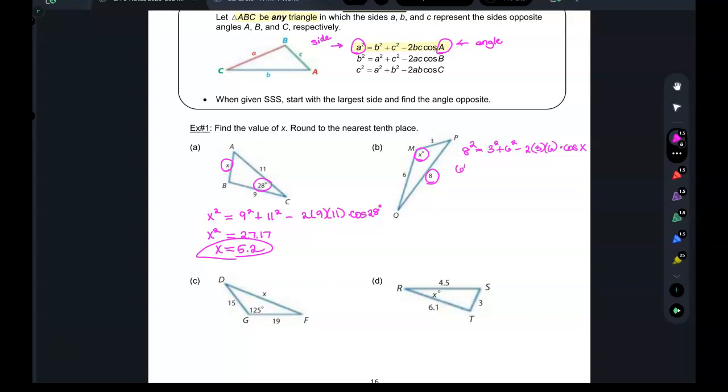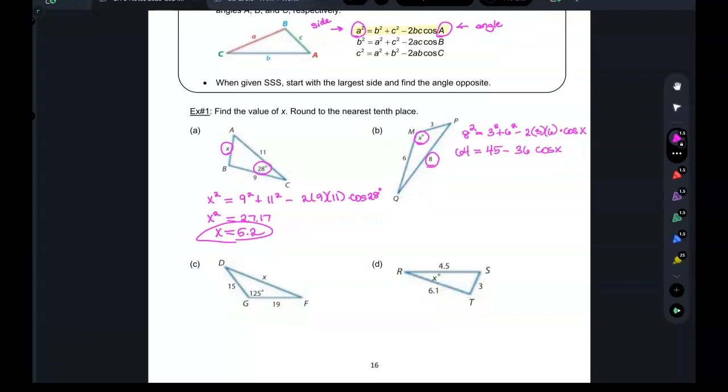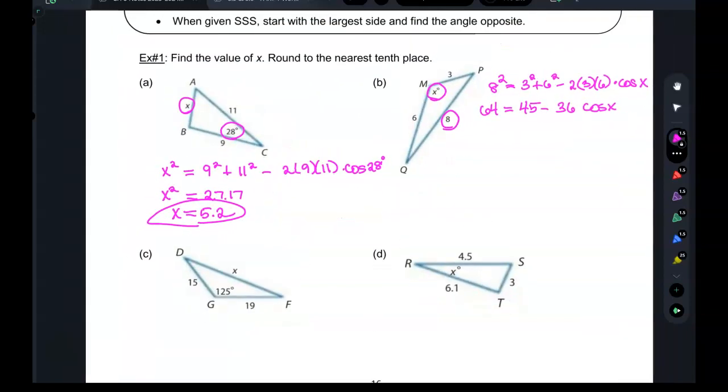So here I get 64. Now 3 squared is 9. 6 squared is 36. So that's going to be 45, minus 36 cosine x. So we treat it just like an algebraic equation.